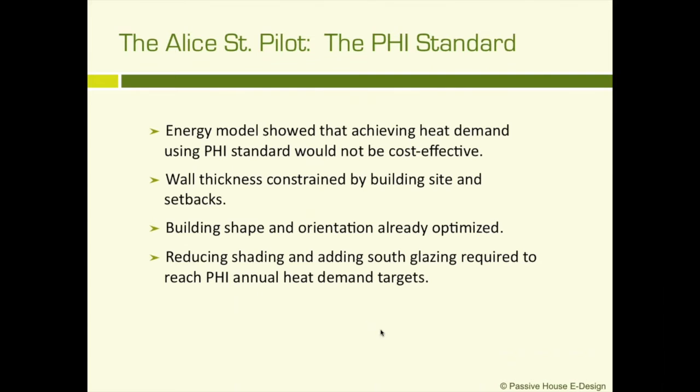So the energy model clearly showed us that achieving the PHI standard would not be cost effective. We were constrained on the wall thicknesses, and the building shape and orientation was already optimized, but that shading that we had no control over in the backyard really made it very difficult to achieve.